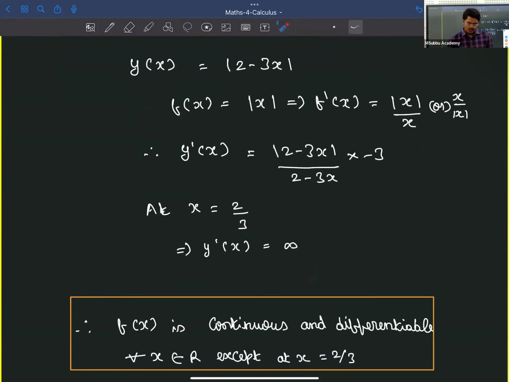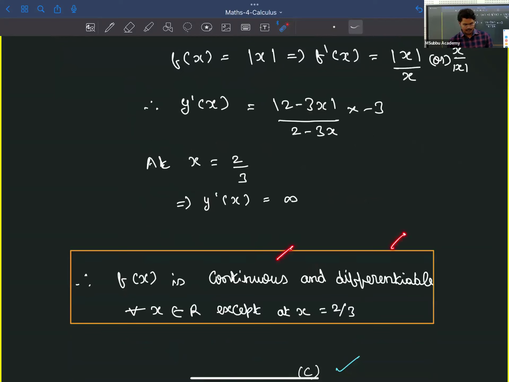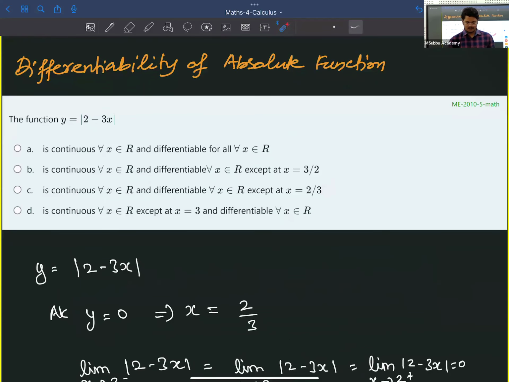So the function f of x is continuous and differentiable for all x belonging to R, except x equal to 2 by 3, because at x equal to 2 by 3 the value becomes not defined. It is not differentiable at x equal to 2 by 3. Therefore the option will be this.